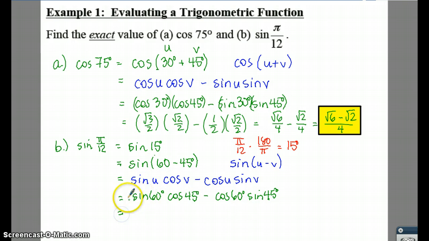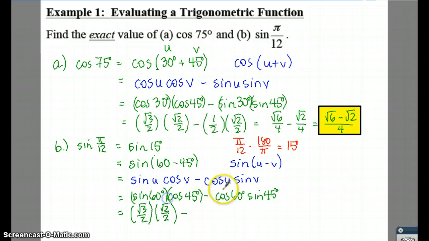So your sine of 60. Well, sine of 60 is going to be radical 3 over 2. And then you have your cosine of 45, which would end up being radical 2 over 2, minus the cosine of 60.